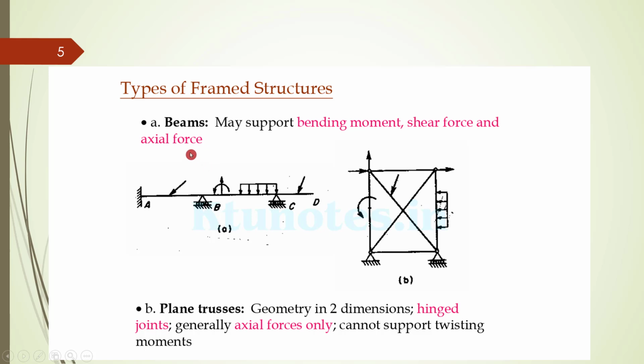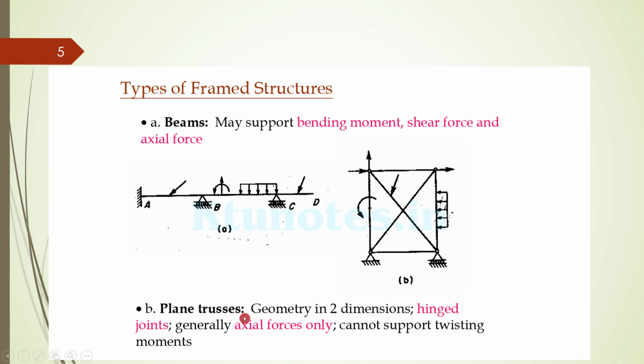The axial force will be very small compared to the bending moment and the shear force. The A picture shows a beam acted upon by different loads: an inclined load, a point load, as well as a moment, UDL, inclined load, etc.